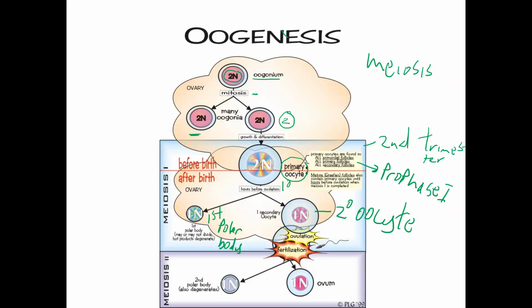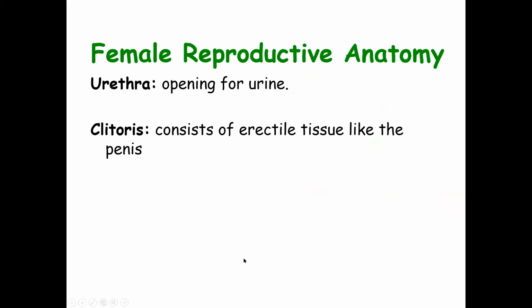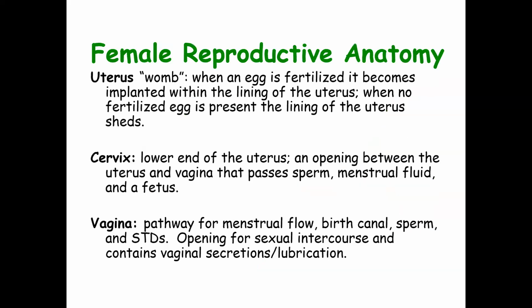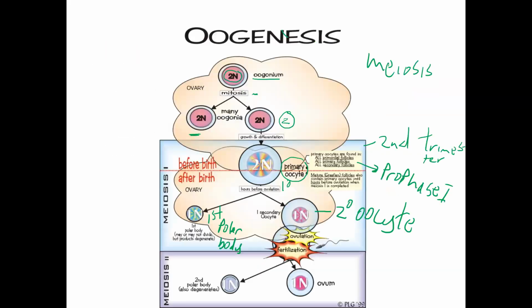Now, assuming the egg gets fertilized higher up on the fallopian tube, when the egg and sperm combine, you're going to finish off meiosis by meiosis 2, right?